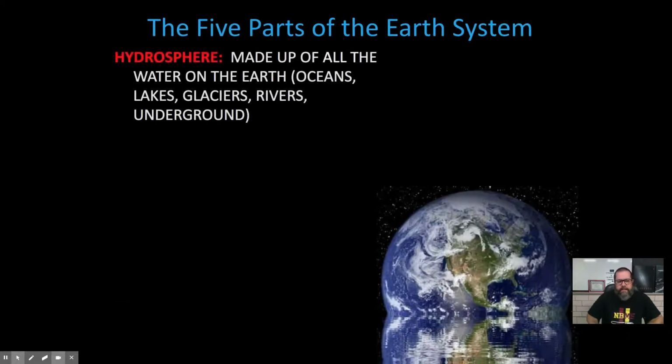Next, let's talk a little bit about the hydrosphere. Hydro is a Greek prefix meaning water. So the hydrosphere is made up of all of the water on the Earth, whether it be in oceans, lakes, glaciers, rivers, underground. It's all of the water on the planet.